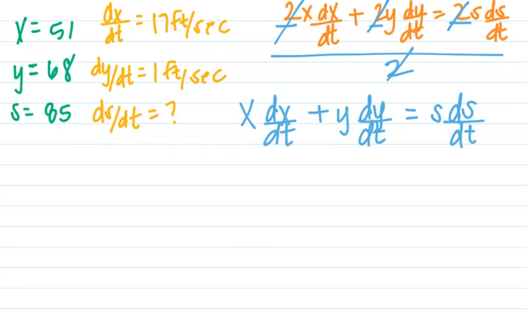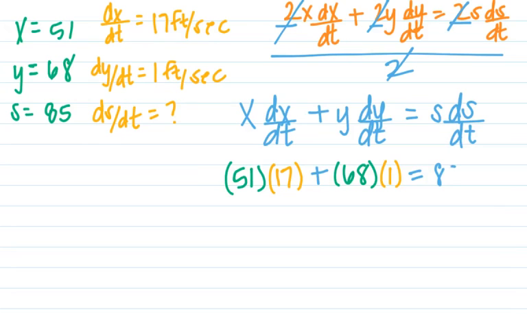All right, so let's go ahead and make our substitutions. X is 51, so 51 times dx/dt, which is 17 feet per second, plus y is 68, and we're going to multiply that by dy/dt, which is 1, and that's going to equal s, which is 85, times ds/dt, which we do not know yet.